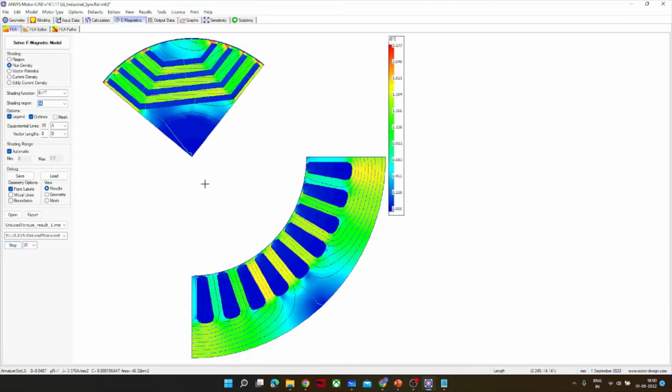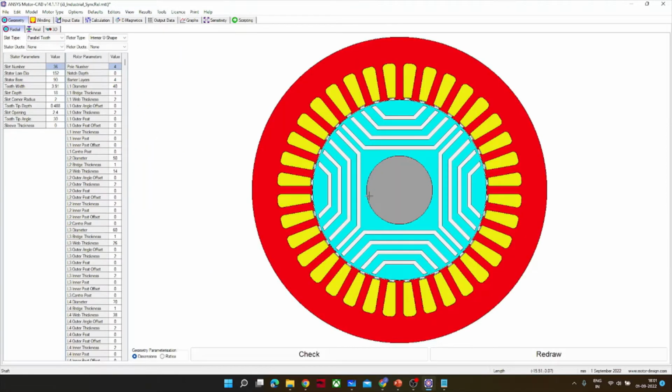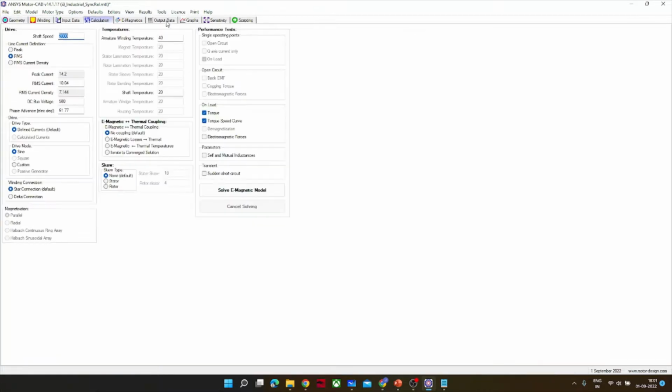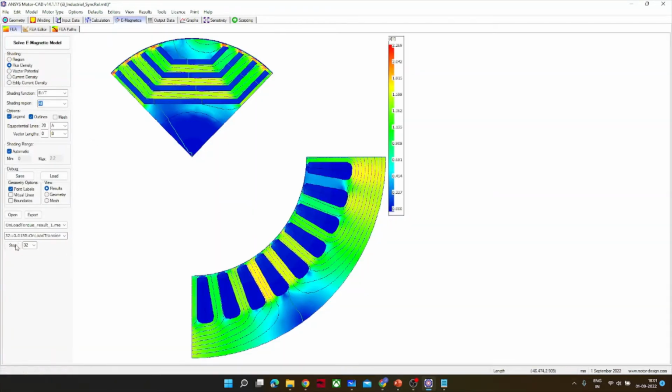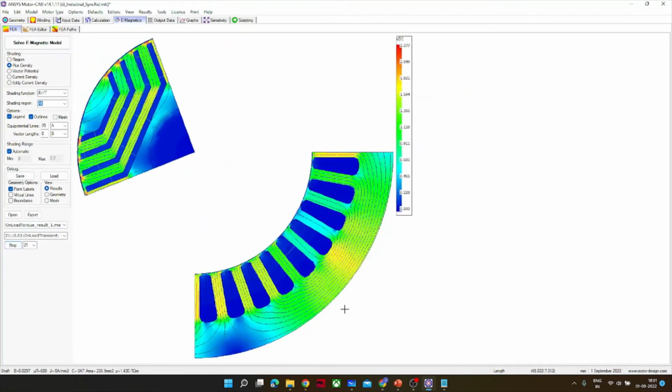Just for the demonstration, I thought I should show it. So, any question on this? Okay, I hope you got the idea. It is running purely at synchronous speed, nothing else. You can see that as the flux is moving, the rotor is moving at the same speed.